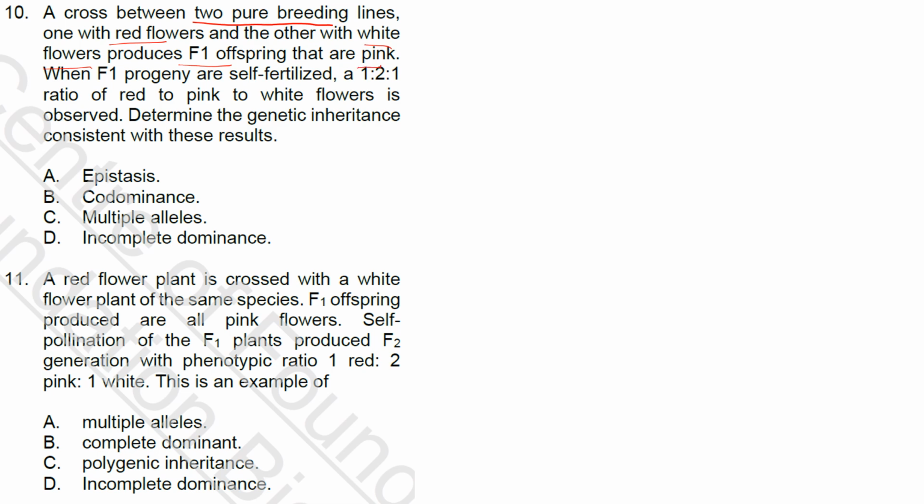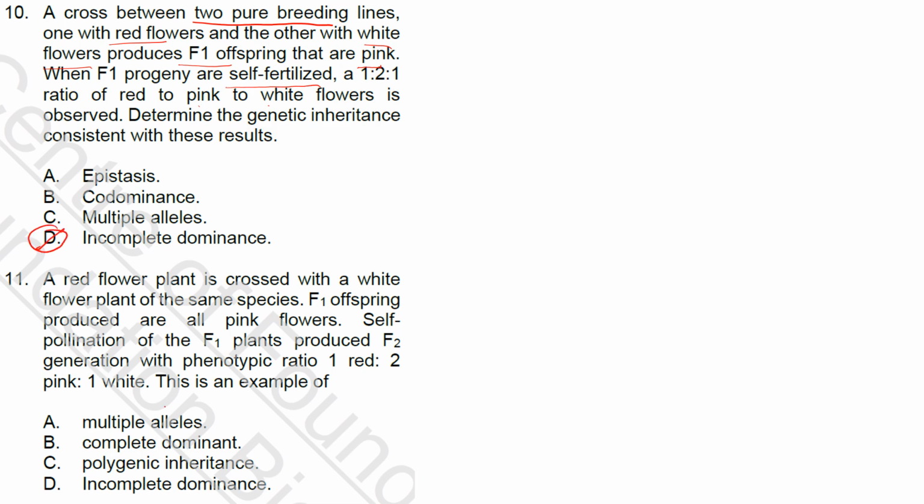When F1 progeny are self-fertilized, a 1:2:1 ratio of red to pink to white flowers is produced. Determine the genetic inheritance consistent with these results, which is incomplete dominance.